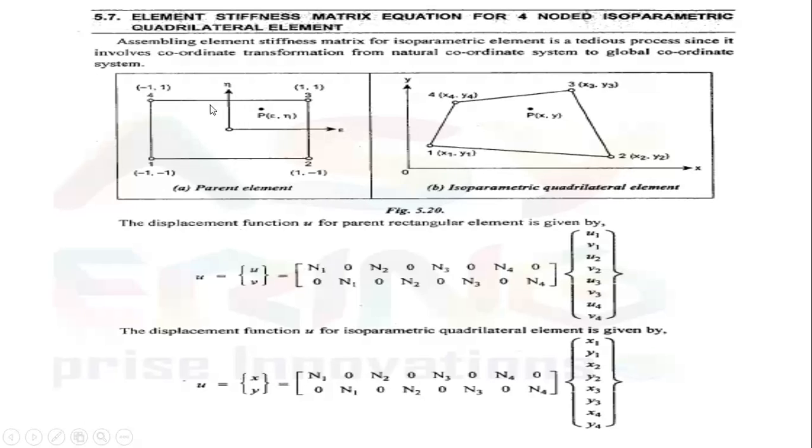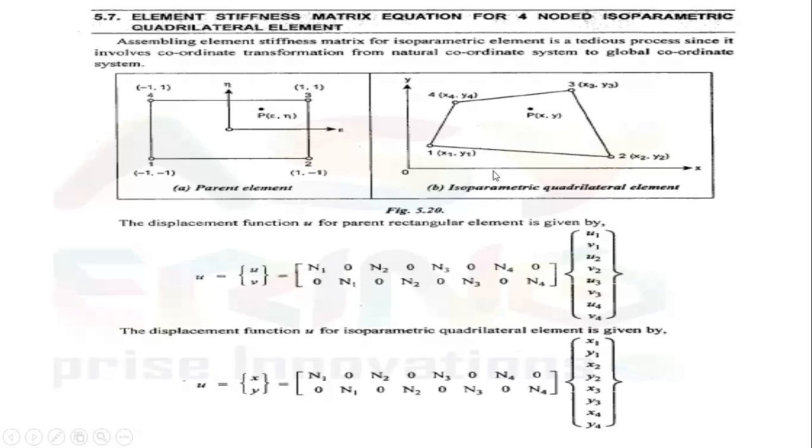Similarly, in the natural coordinates, the origin will be located inside the element, but in case of global coordinates, the entire element is far away from the axis, that is, the entire element is represented using the common axis. So the origin will be away from the element.